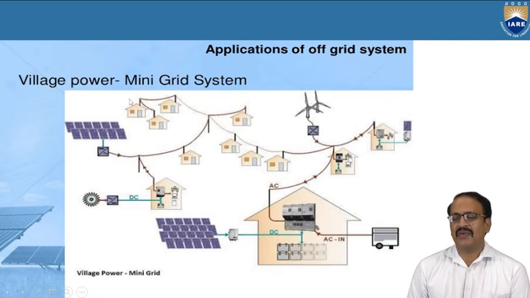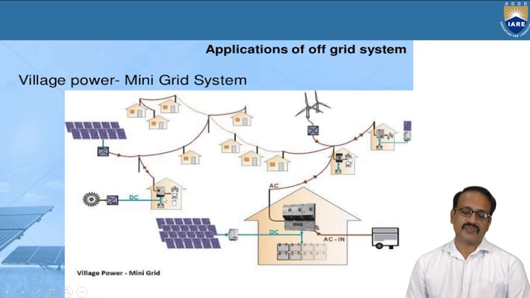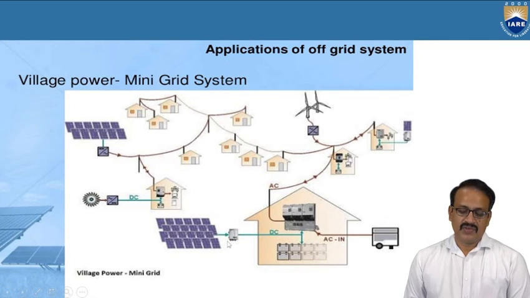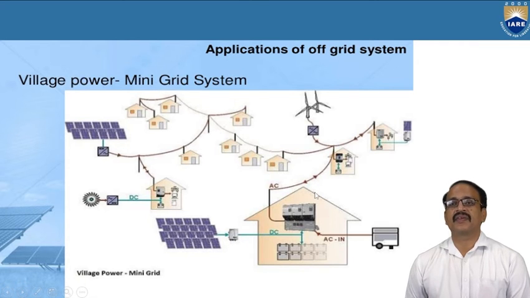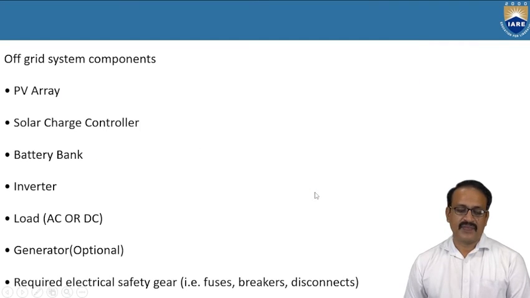Except for this photovoltaic, PV power everywhere else will be AC. So that is the only problem here. Here we will get DC, and we have to use the inverter to convert it into AC. After that, we are supplying it to the houses.